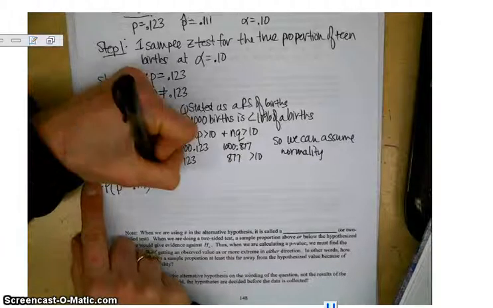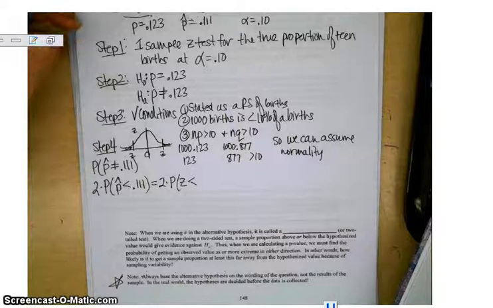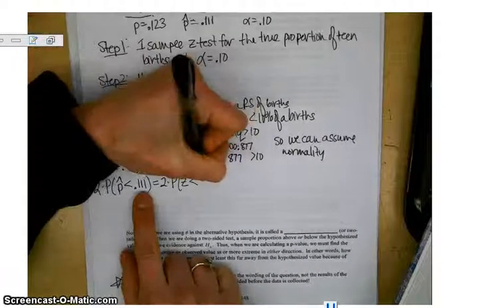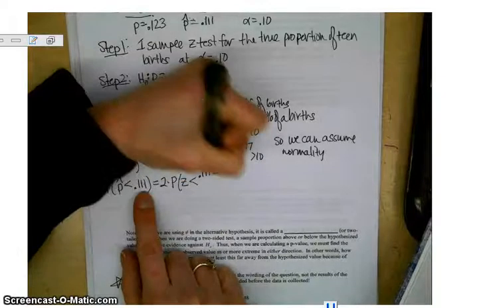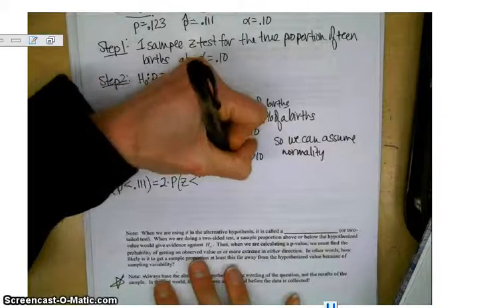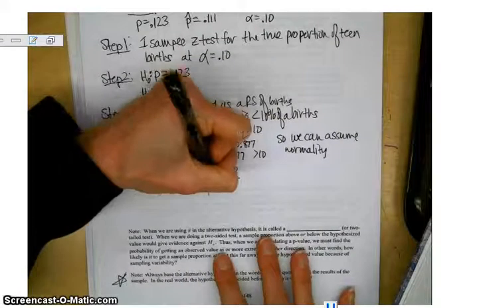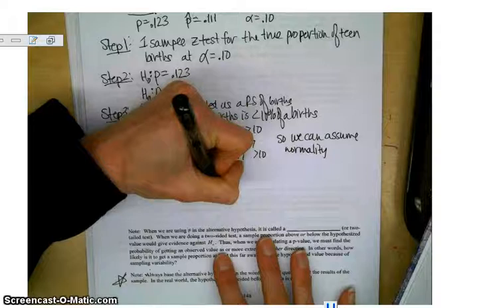I'm just going to say, okay, well, 2 times the probability that z is less than. I calculate my z test statistic, which is my sample value, 0.111, minus my hypothesized value, 0.123, divided by the standard deviation, the square root of 0.123 times 0.877 divided by 1,000.